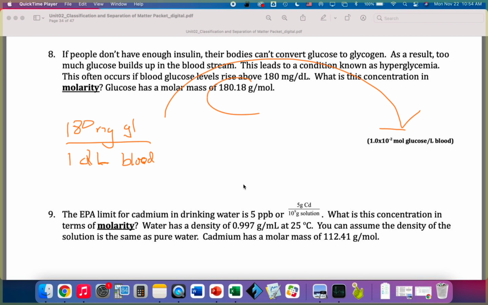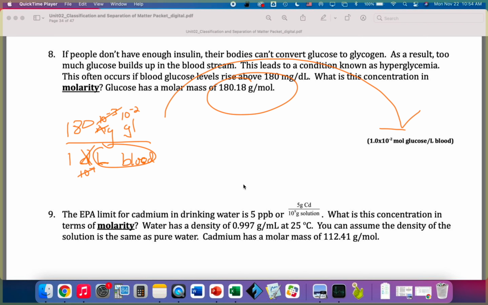And because I know that the molar mass is 180.18 grams per mole, we simply need this in grams. So 10 to the negative third. Deci is 10 to the negative 1. Because again, that'll give me liters of blood. Cancel 10 to the negative 1. 10 to the negative 3 goes to 10 to the negative 2.